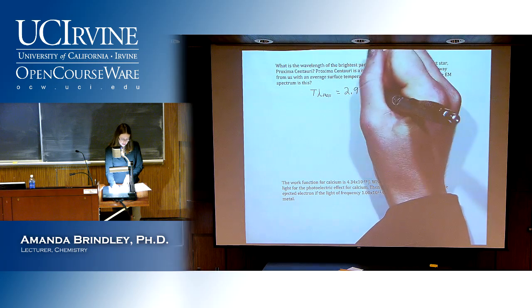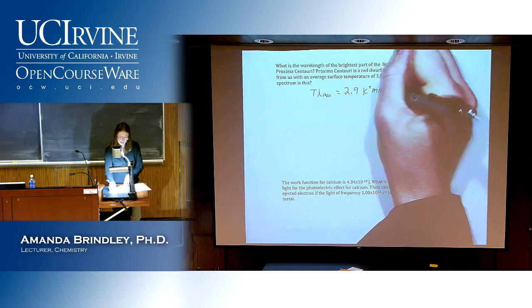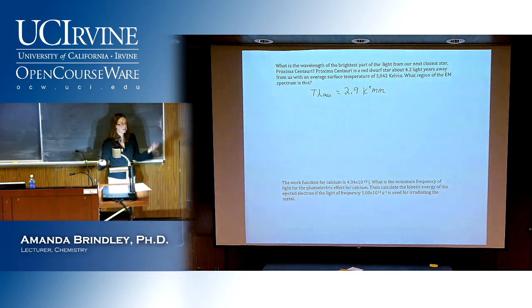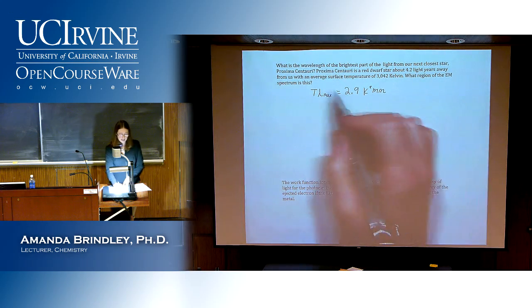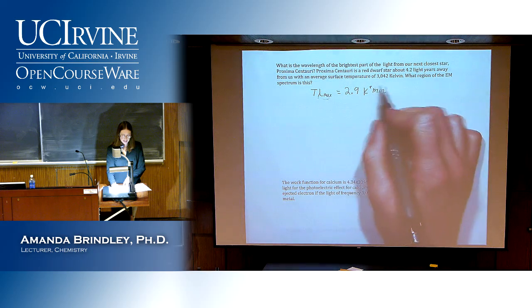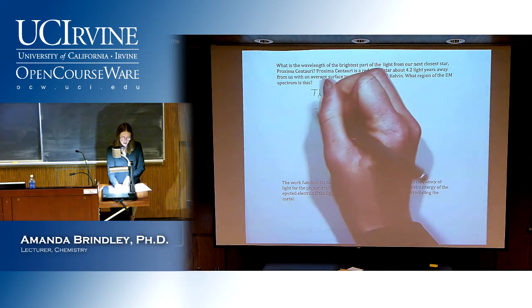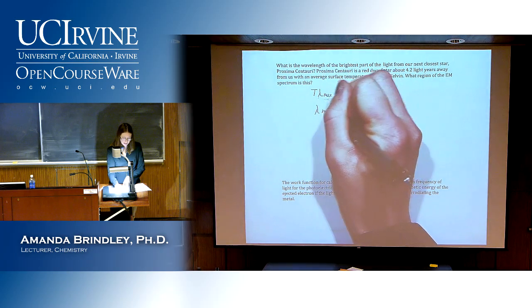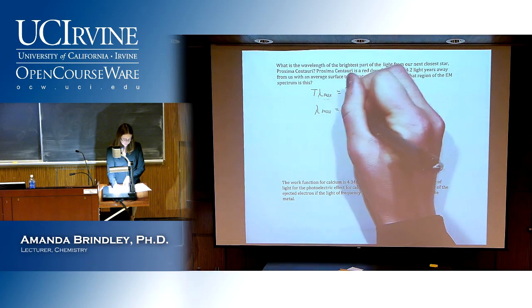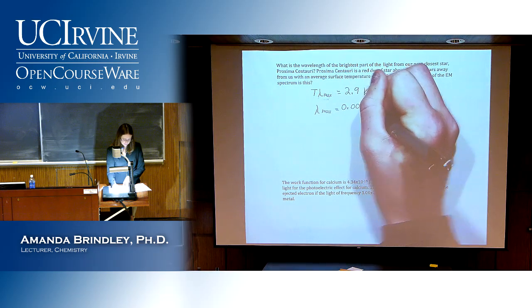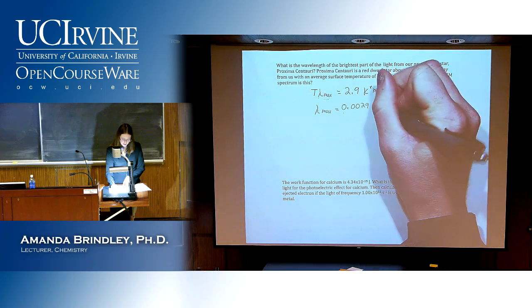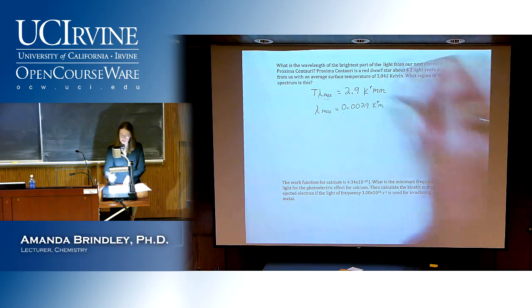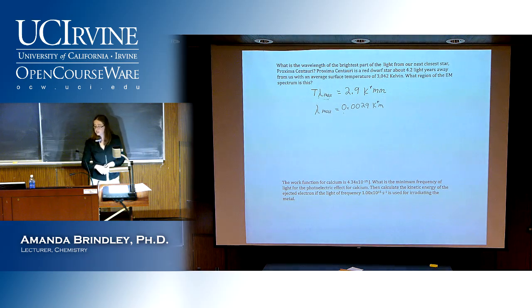So we have this equation from the previous slide. As far as why it's in millimeters, that's just the standard way of doing it, so we'll end up with a millimeter value. We'll solve this equation for lambda max. In this case, I converted the constant in there to meters first.